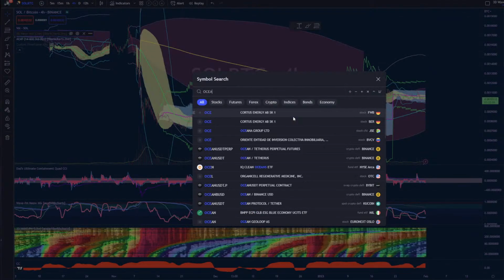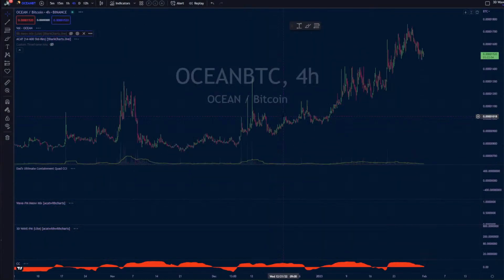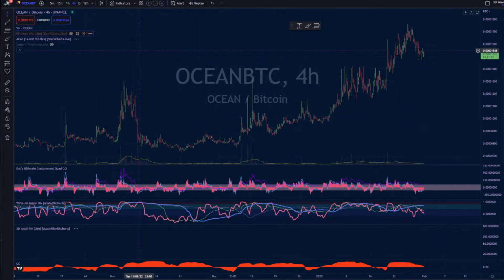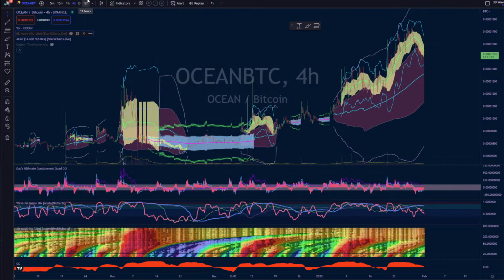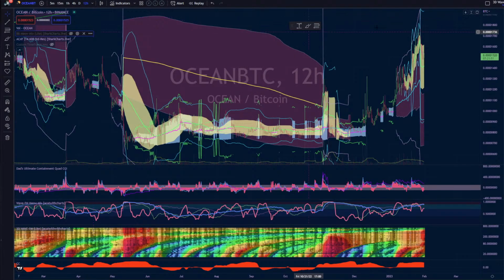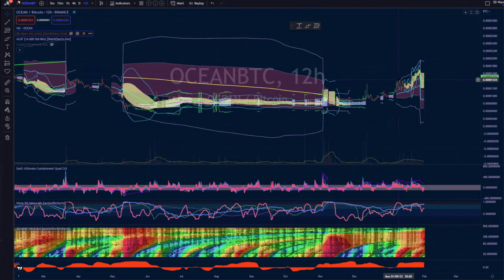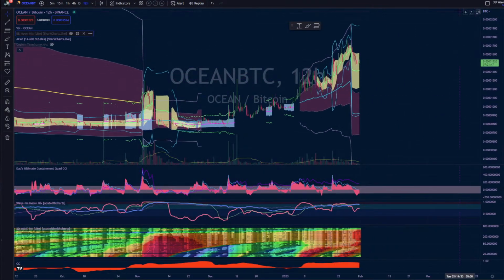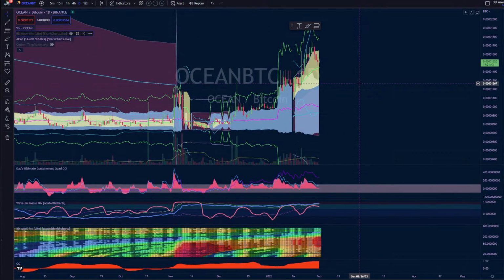Ocean. Okay, this is a strong trend. Let us take a look at the 12-hour. Okay, this is not a clean trend. It might be a strong trend, but it isn't a clean trend. And I do not trade unclean charts.